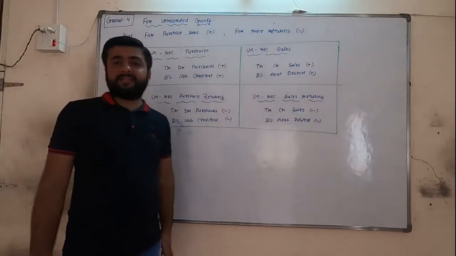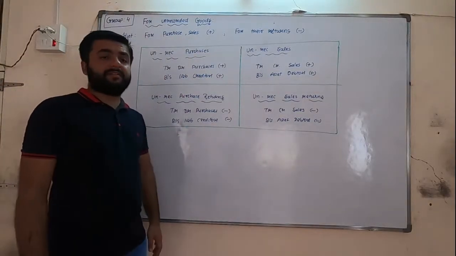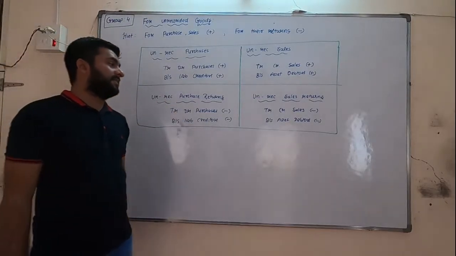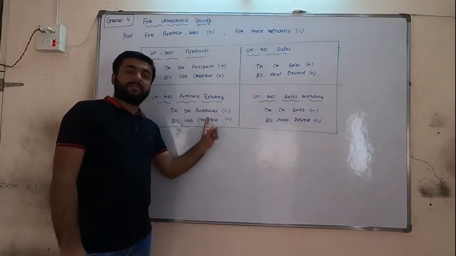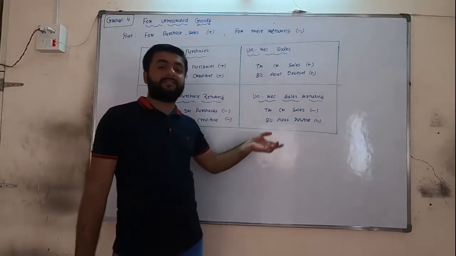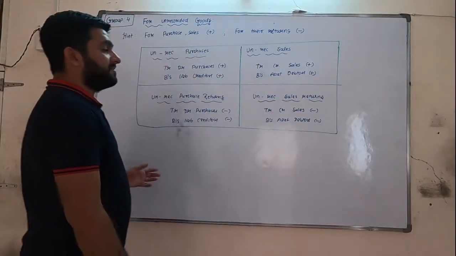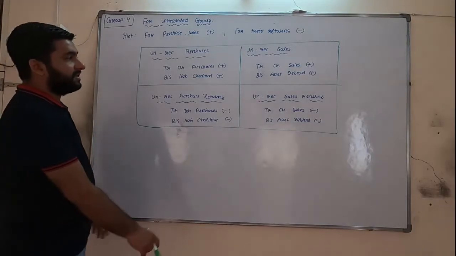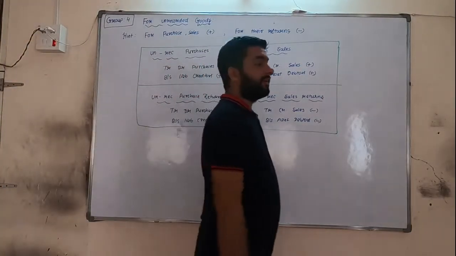For purchase and sales unrecorded, purchase plus creditors plus, sales plus debtors plus. For unrecorded purchase return and sales return: for purchase return, purchase minus creditors minus; for sales return, sales minus debtors minus. Simple thing to remember. In standard 11th also this same thing was there and the same thing was given to you in the notes also.